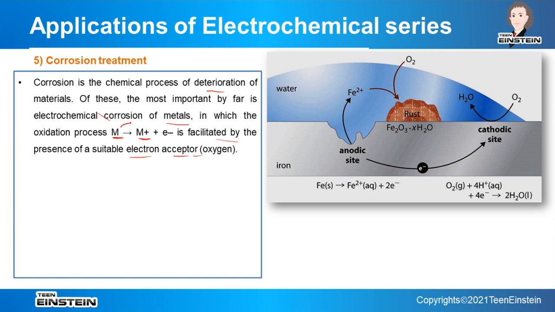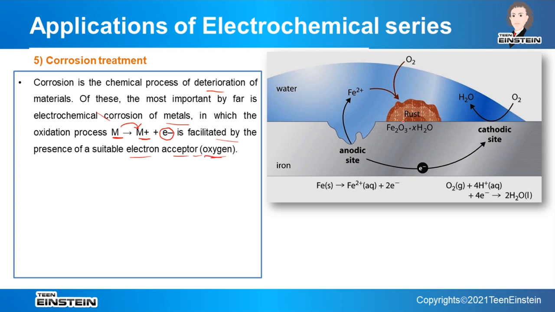So the metal is converted to an oxidized state and leaves electrons. That means there must be some agent which can accept these electrons, and a very good electron accepting agent available in the environment is oxygen. So the suitable electron acceptor is oxygen.